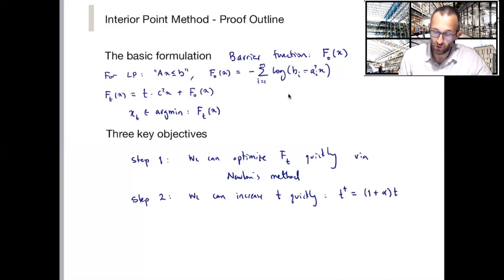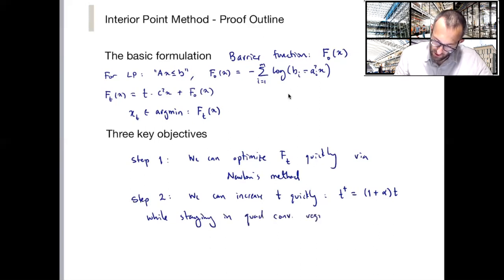And of course, we could increase t as much as we wanted, but the key point, keeping in mind the objective of step 1, is to show that we are still in the quadratic convergence regime, while staying in the quadratic convergence regime.